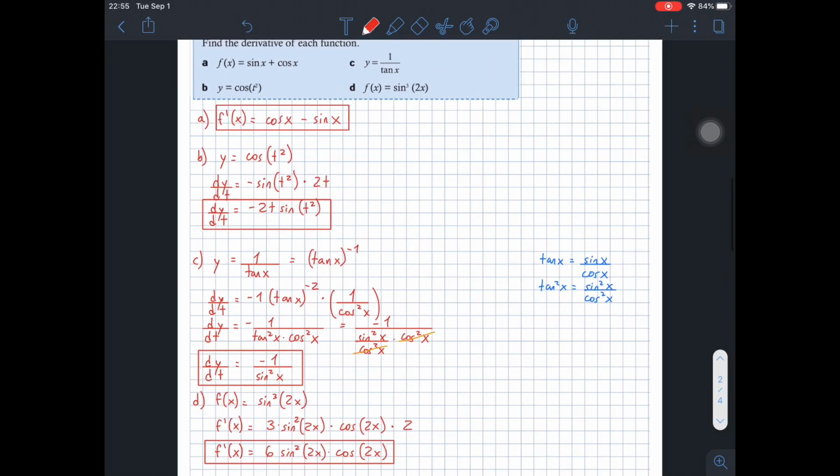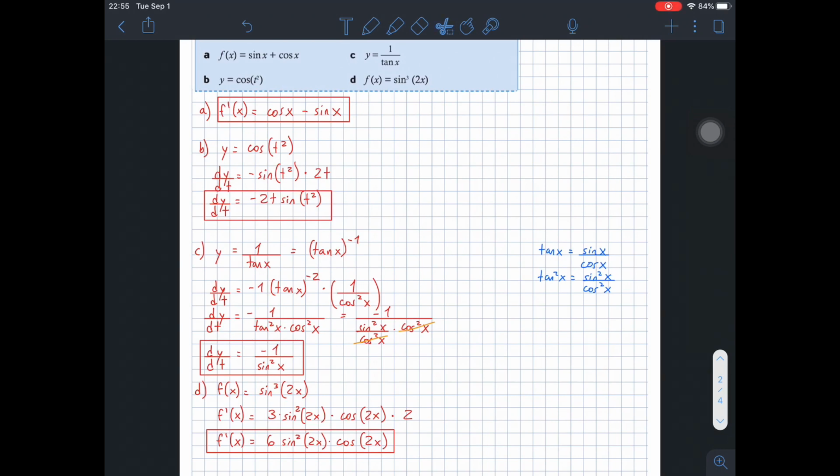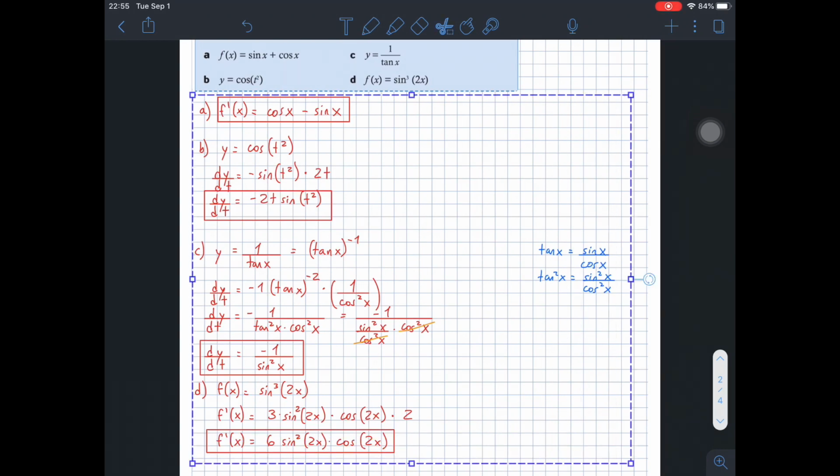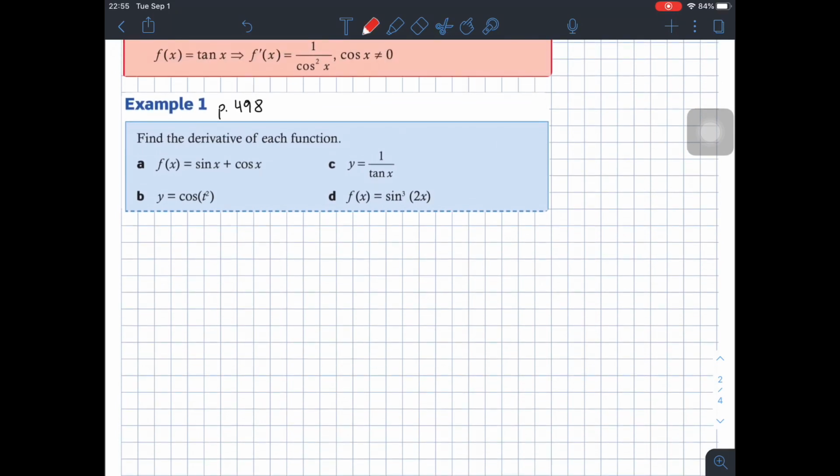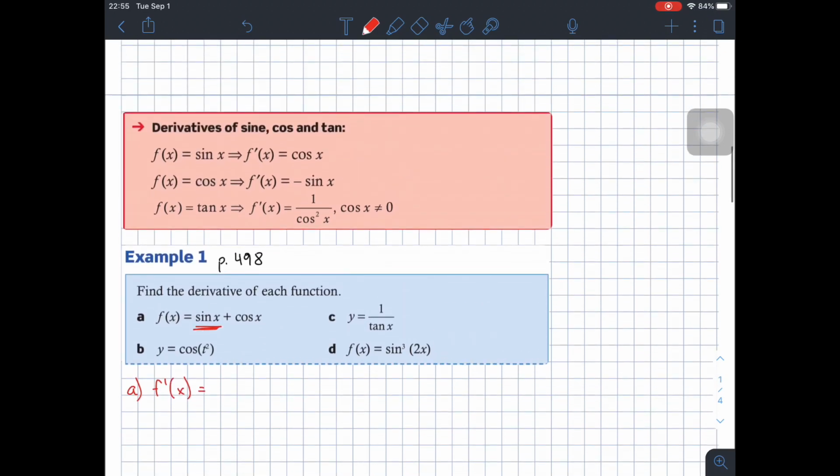I've already solved this, but I'm gonna erase it to do it together. There. So it says find the derivative of each function, and the first function says f of x is equal to sine of x plus cosine of x. So to find the derivative of that function, we're going to write f prime of x is equal to the derivative of sine of x, according to our formula booklet, is cosine of x, right?